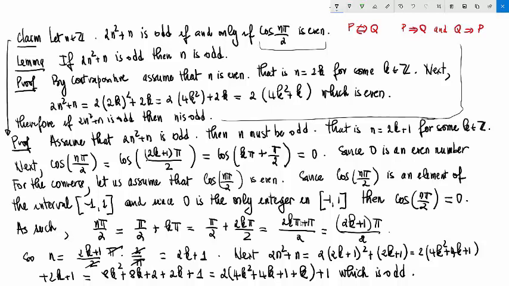And the fact that cosine of n pi over 2 is equal to 0 tells us that n pi over 2 has to be equal to 2k plus 1 pi over 2 for some integer k. Solving this equation for n tells us that n must be equal to 2k plus 1, and then we derive that 2n squared plus n has to be odd.